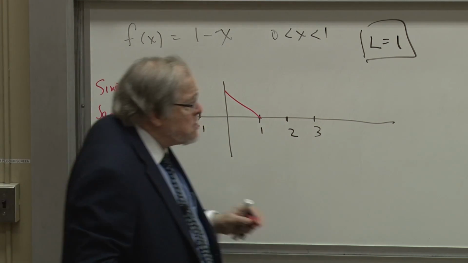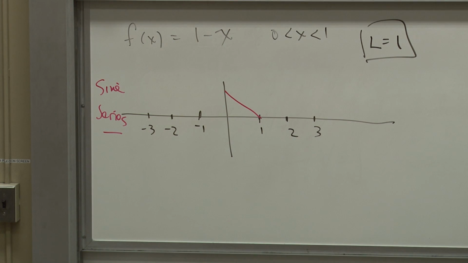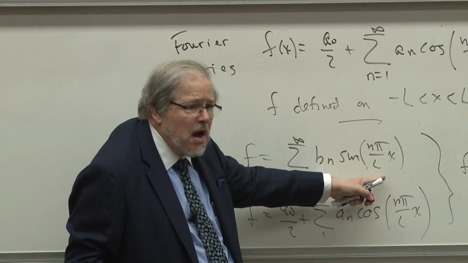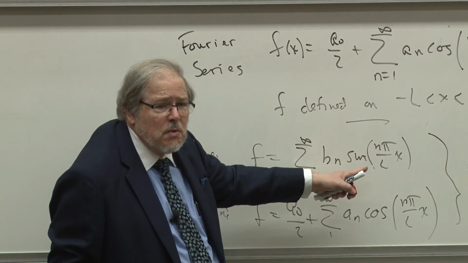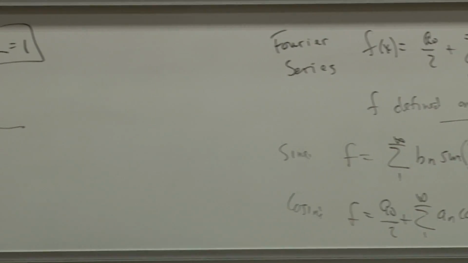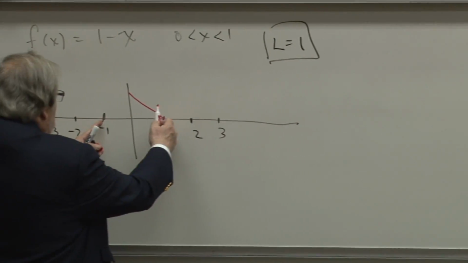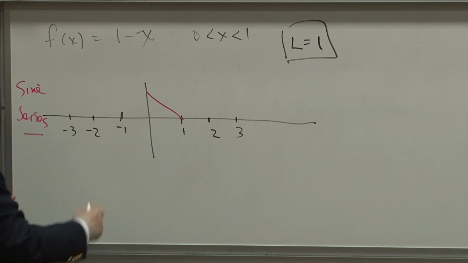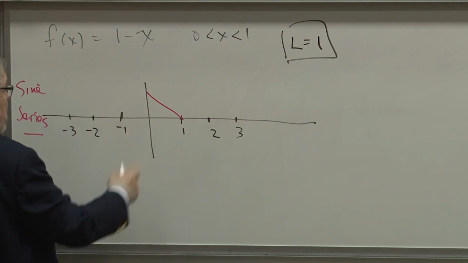Next, a sine series. Every term that's involved in a sine series is an odd function. The sum of a Fourier sine series has to converge to an odd function. And so the period is, in fact, from -1 to 1. We have to have an odd function between -1 and 0.